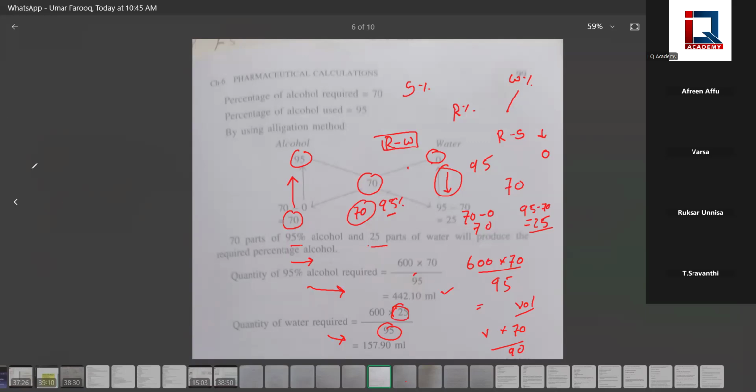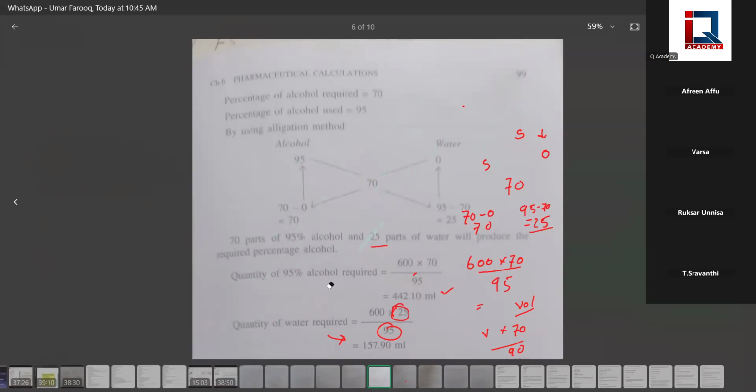Okay, see, I am repeating this one so that you will understand again. What is given in the question is, he is asking you to calculate 600 ml of alcohol, concentration 70% from 95%.